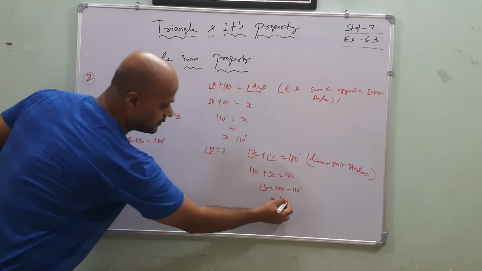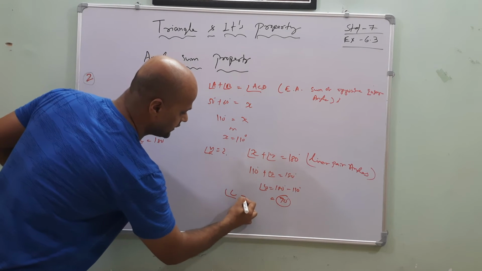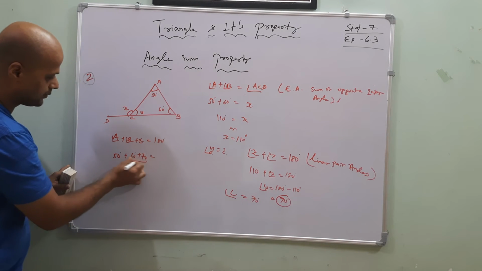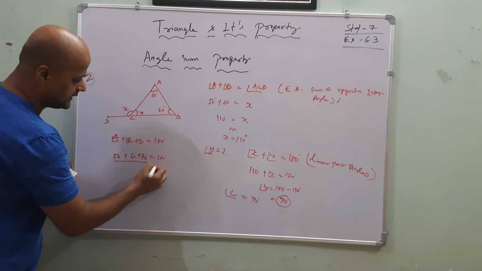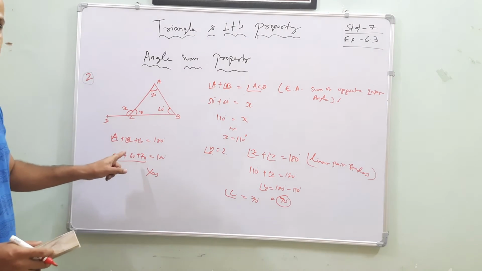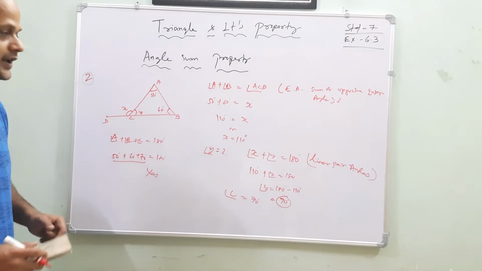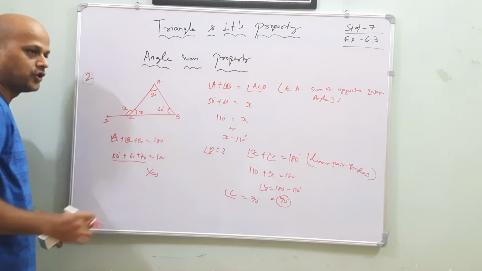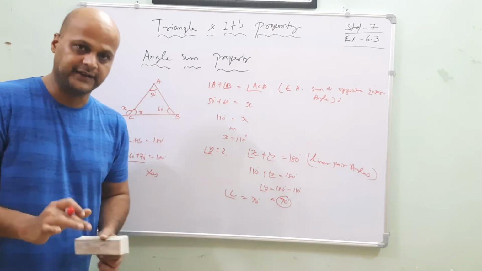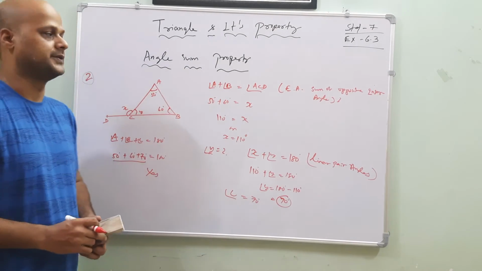Now, angle C how much we get? It is 70 degree. Is it all of them are equal to 180 degree? Yes. So this is the proof that the internal angles of a triangle is 180 degree. Understood, my dear friends? Okay.